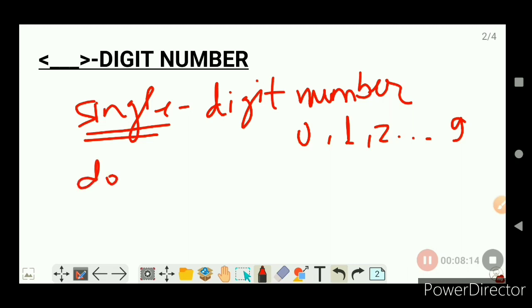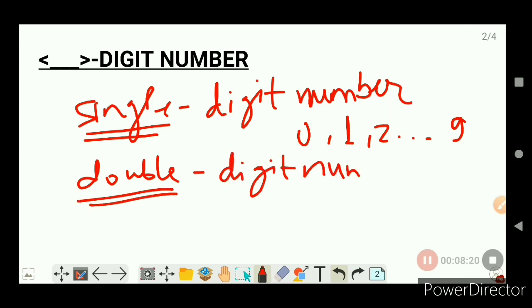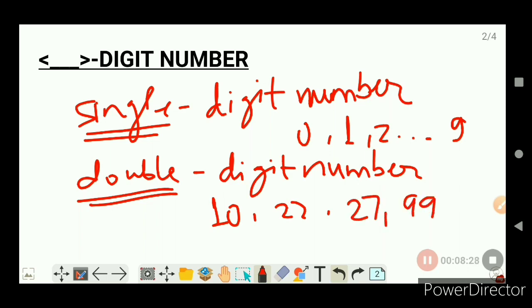Then double digit number means number which has two digits, that is 10, 22, 27, 99. These numbers have 2 digits in them, right?